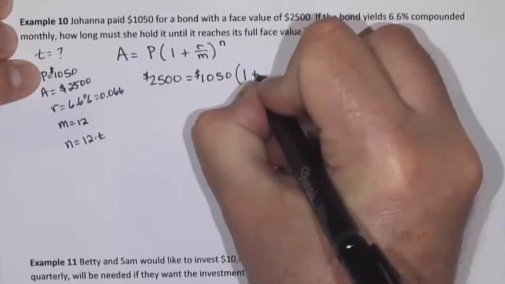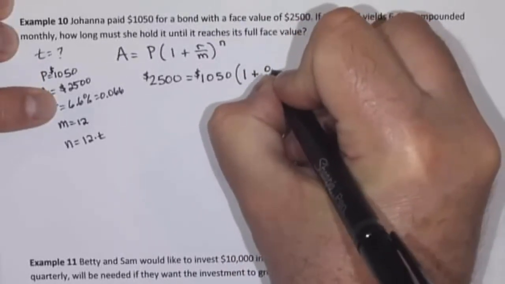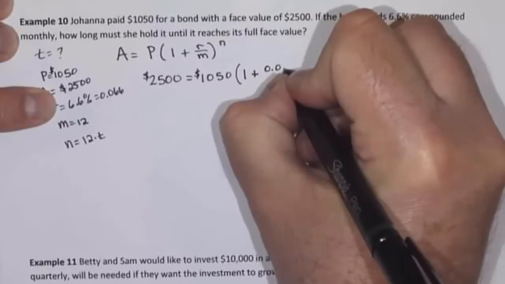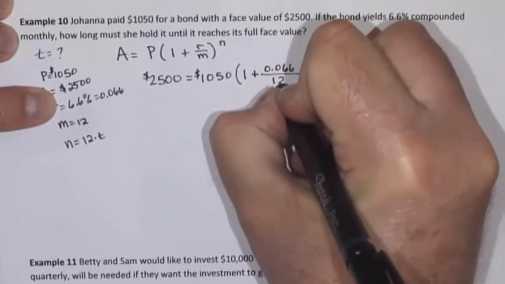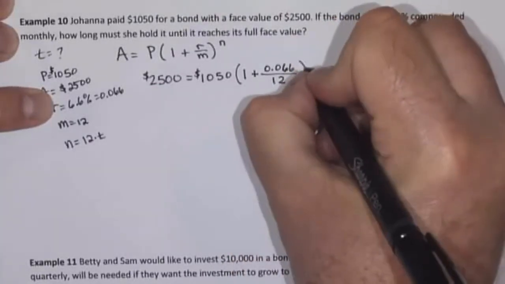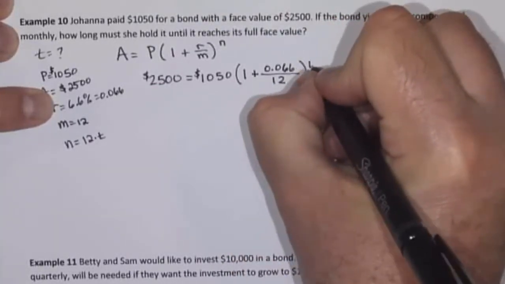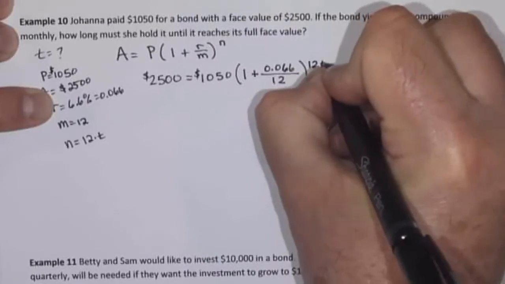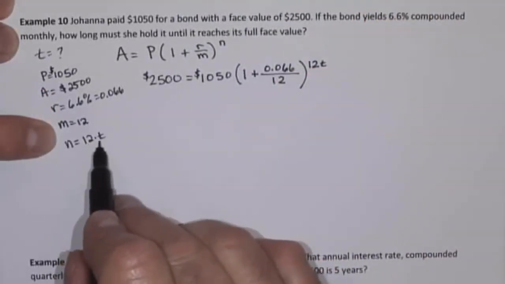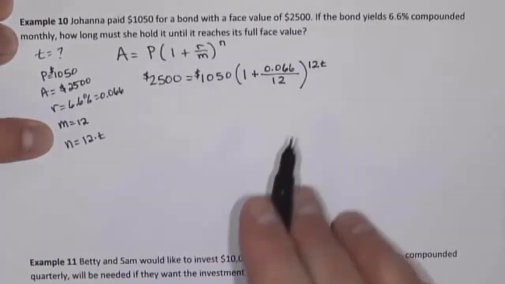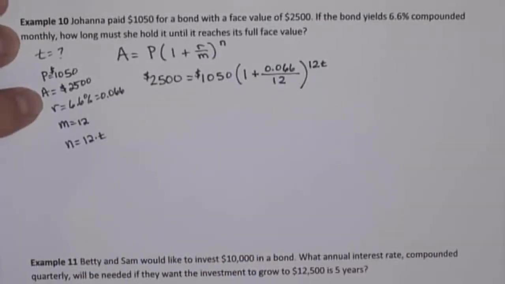We have 1 plus 6.6% interest, so 1 plus 0.066 divided by 12, raised to the 12 times t power, because n equals 12 times t. We don't know what t is, so we don't really know exactly how many times it's going to be compounded.